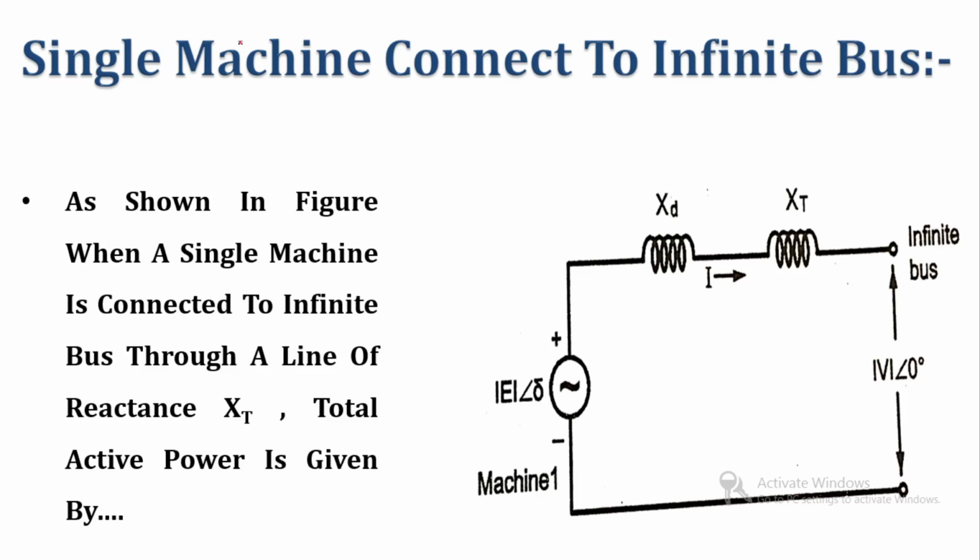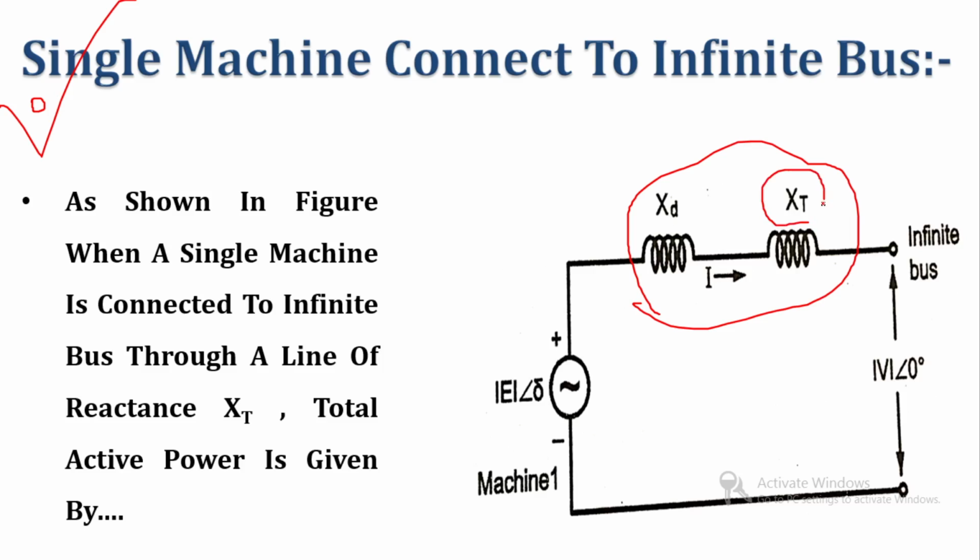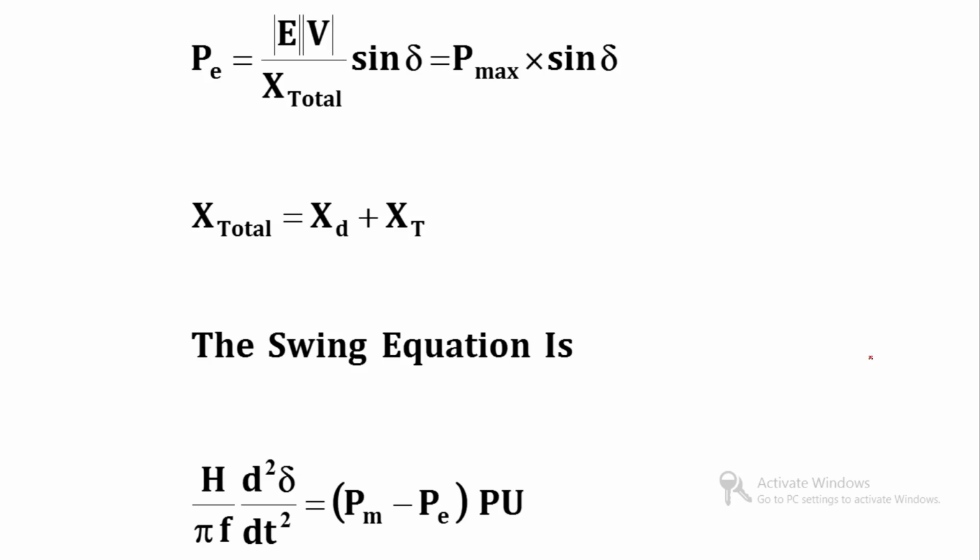So let's discuss a single machine connected to an infinite bus. As shown in the figure, a single machine is connected to the infinite bus through a transmission line having a reactance of XT, and this machine will supply power to the infinite bus. We know that power transfer on a transmission line is given by EV by X total sin delta.